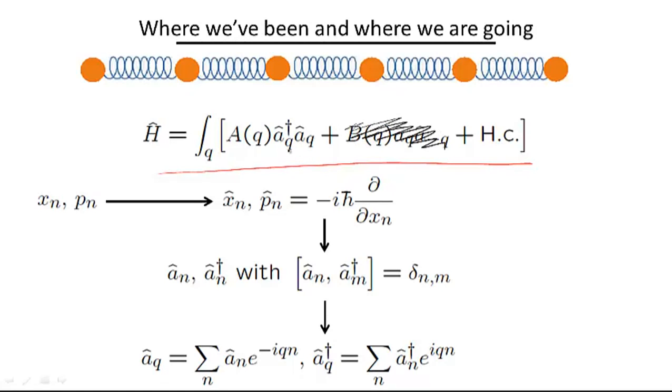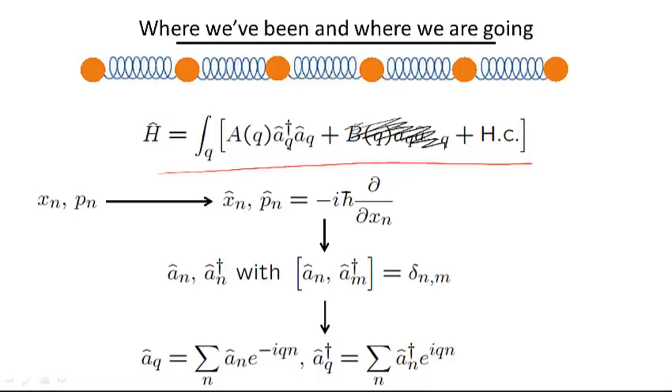If this were the case, it would mean that we already solved the problem. The reason is that this integral is a linear combination of independent a dagger a's, which correspond to a collection of independent harmonic oscillators, the spectrum of which we know perfectly well.